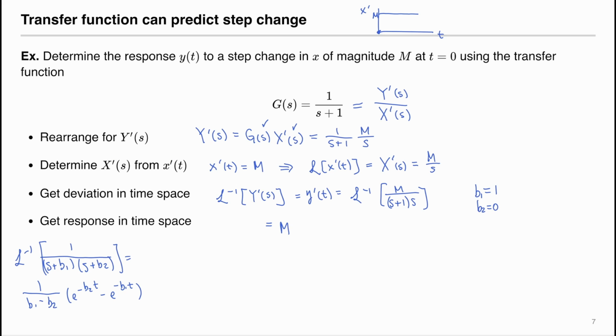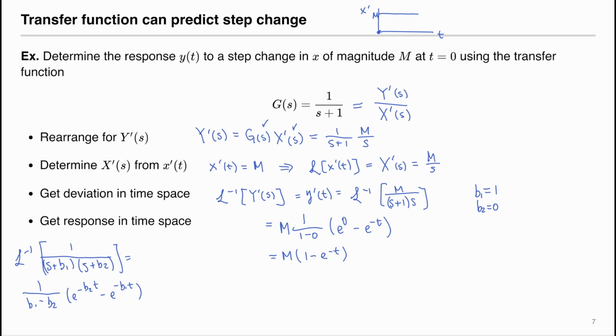Now we can substitute B1 and B2 inside. So 1 over 1 minus 0, this is just 1, e to the negative 0 t minus e to the negative 1 t. We can simplify this: we have M times e to the 0 is 1, minus e to the negative t.